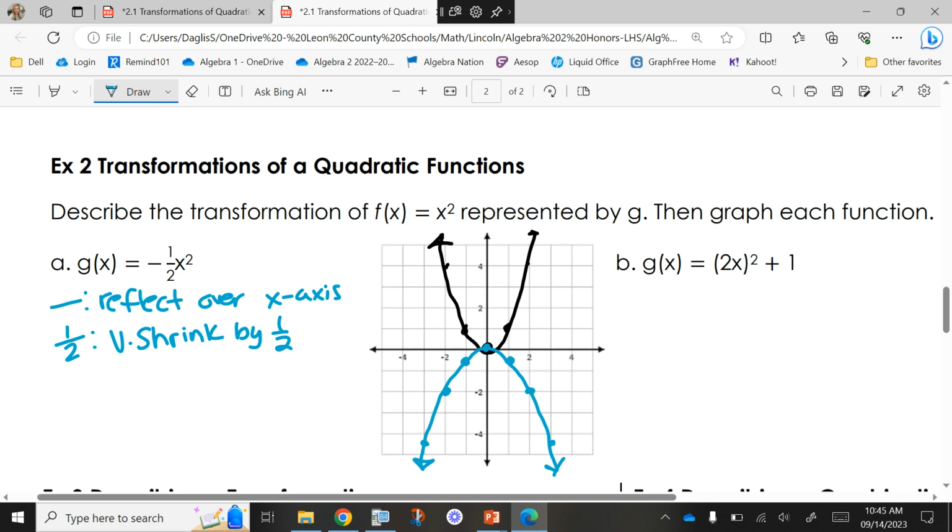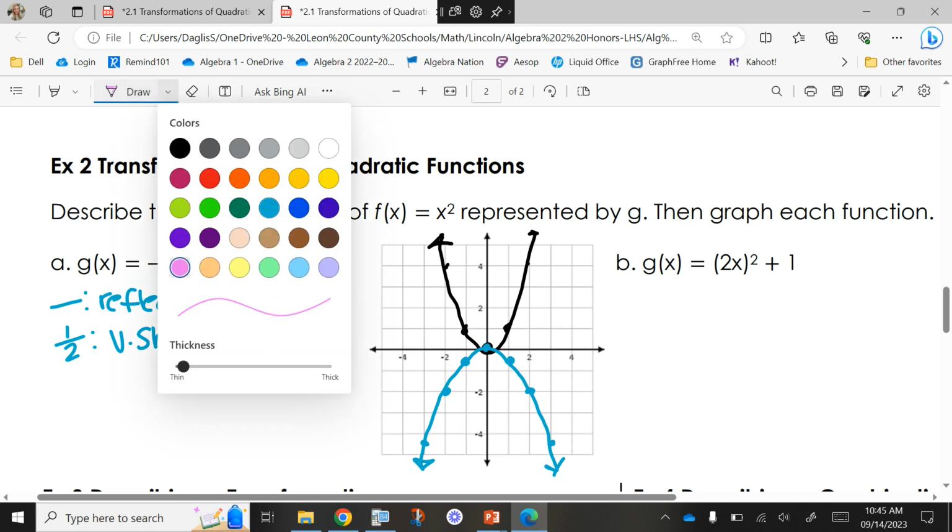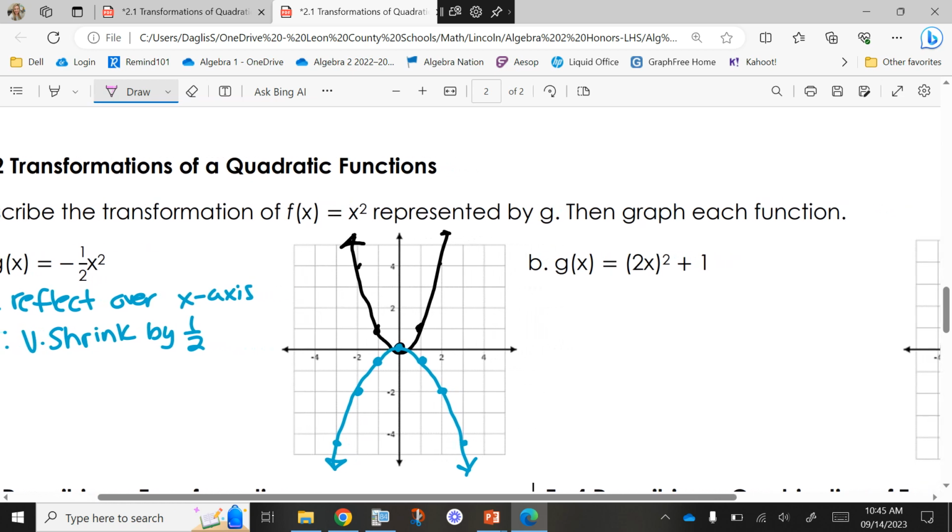All right, we're going to do the exact same thing. A new function now is going to be (2x) squared plus 1. So what can we expect to happen? What transformations just happened?